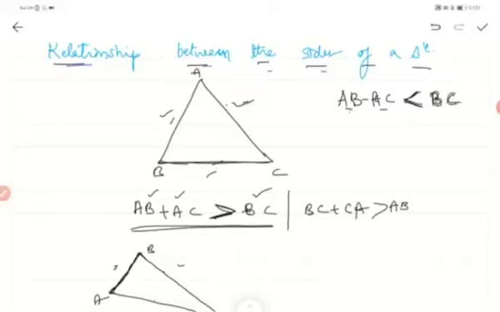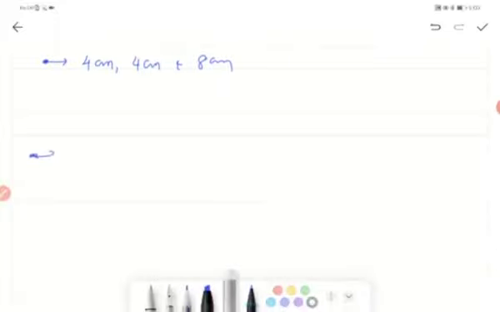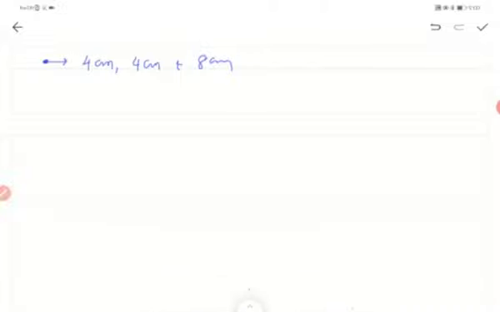We had seen some examples on this, and let me take one more. If I have the measurements 4 centimeter, 4 centimeter, and 8 centimeter, can I construct a triangle using these measurements? Let us check. First, addition: 4 plus 4 gives 8 centimeter, which is equal to the third side.